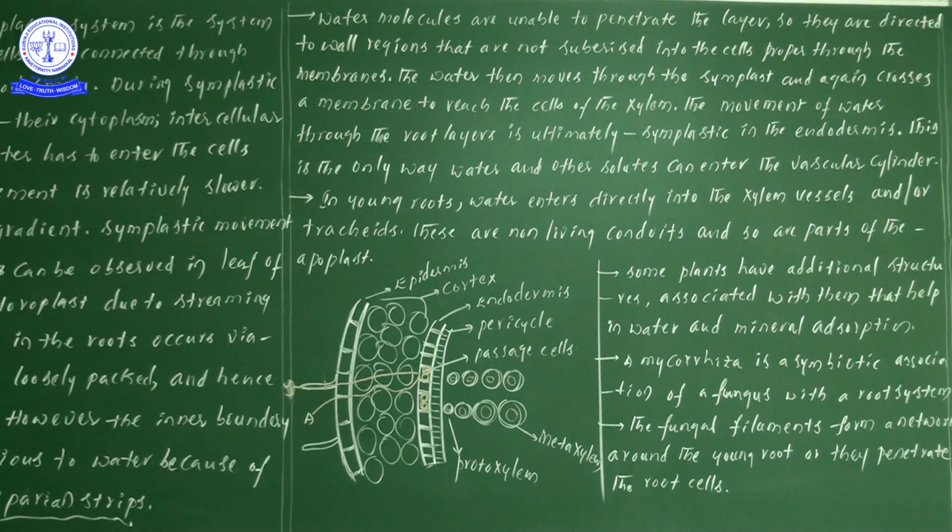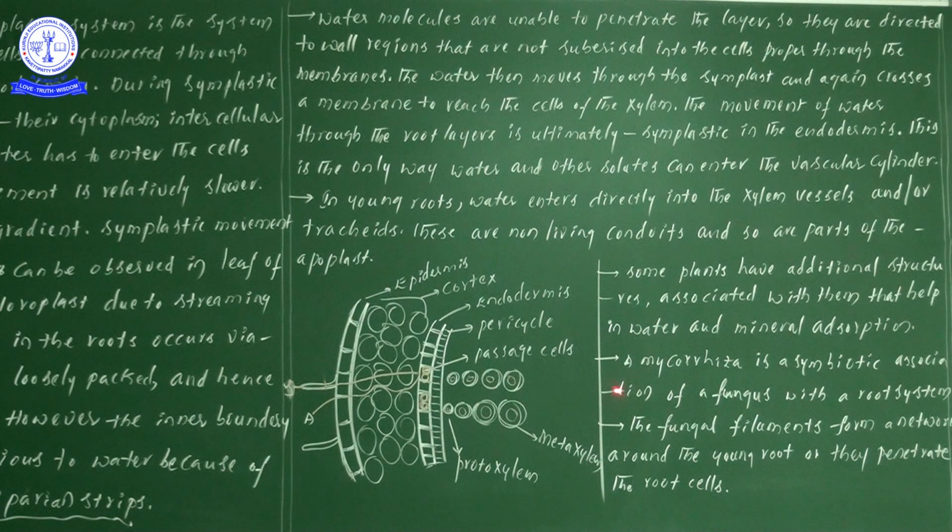Diagrammatically, what we see now is all there, along with this particular information, additional information. So in some other plants, additional structures associated with them help in the absorption of water and minerals.